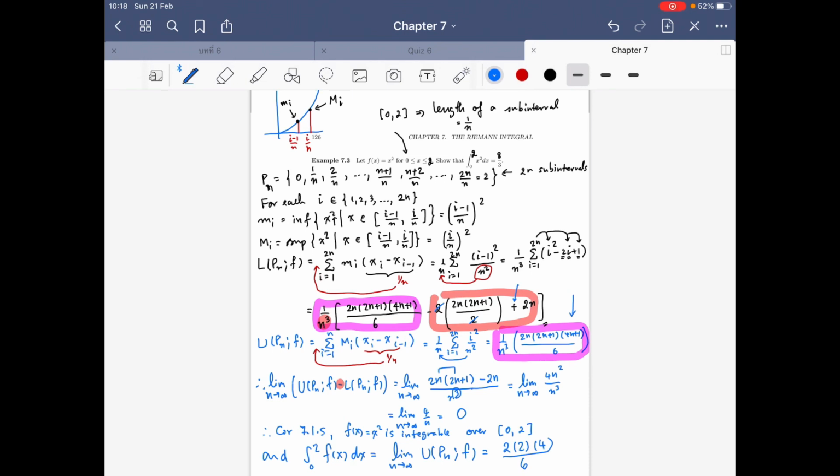So your 2 and your 2 there will cancel, and you end up with 8 over 3, as what we needed here. All right.